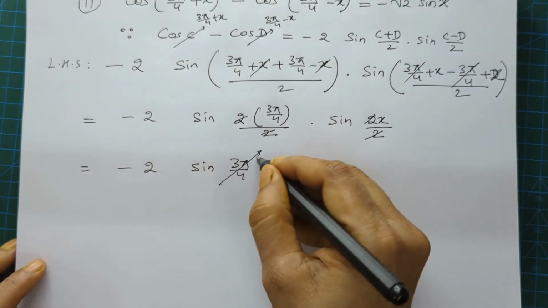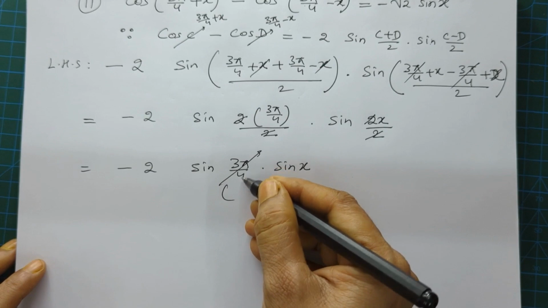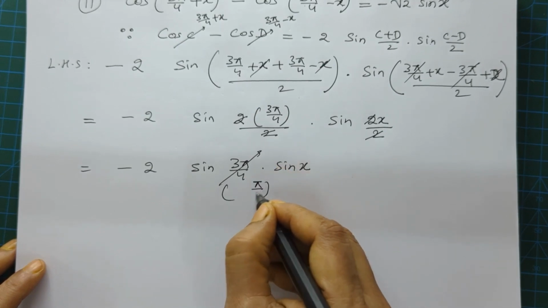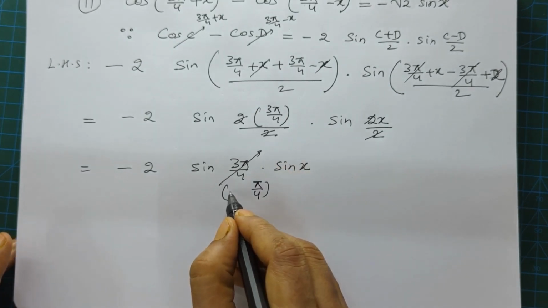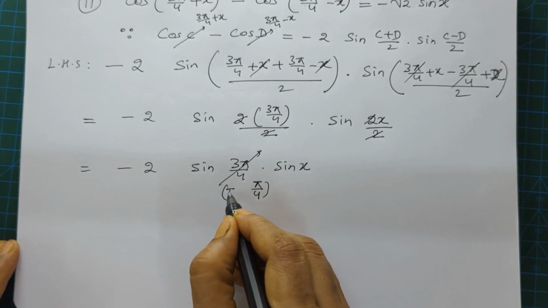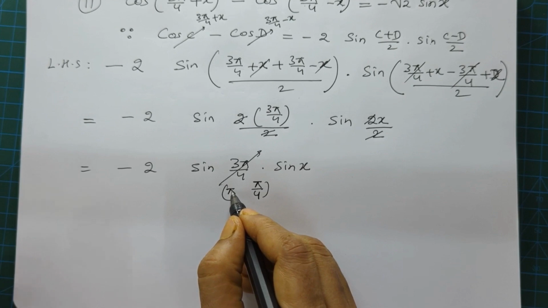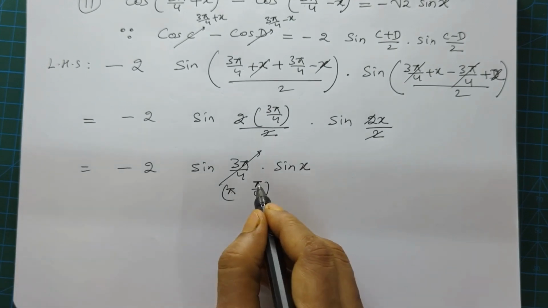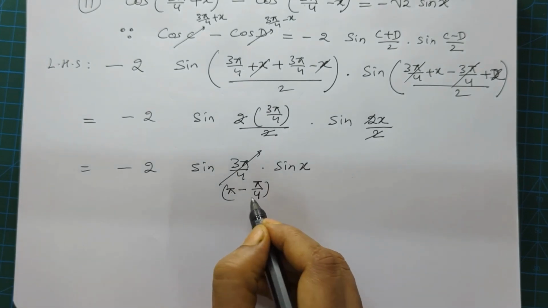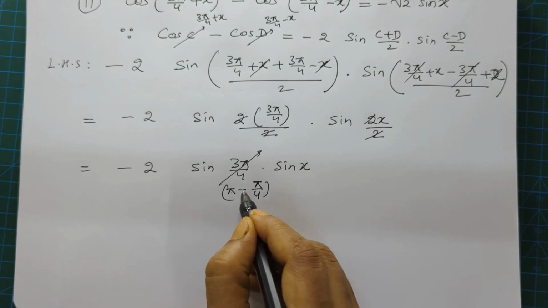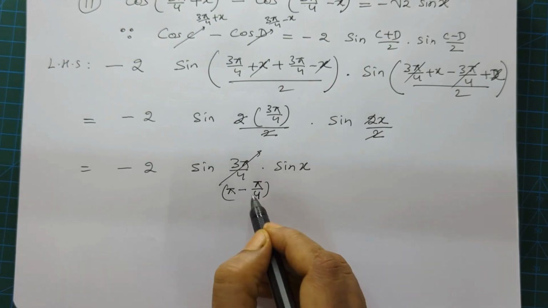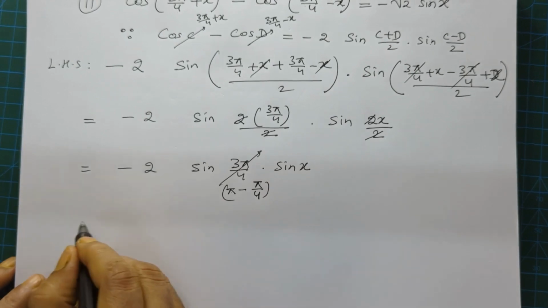This one can be written in the form of π/4 first, and then either π or π/2. I see π is better. So 4 into π is 4π, and 4π minus π is 3π, so 3π/4 can be written in this form.